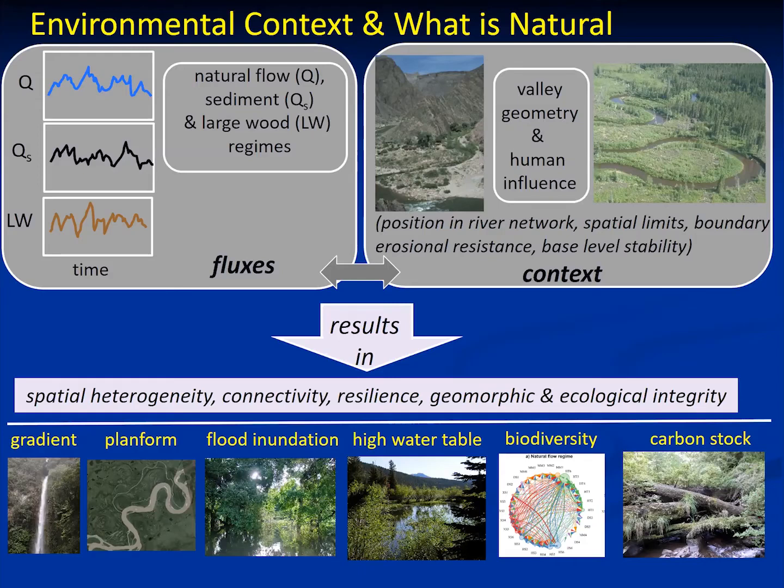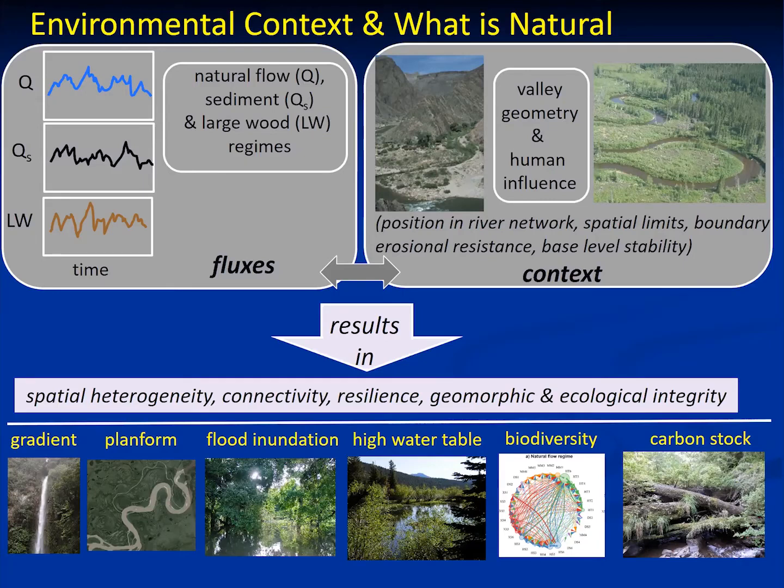Ecological integrity is a more well-known concept, but Will Graf referred to physical integrity more than 20 years ago, and I'm just calling it geomorphic integrity here. It's the ability of the channel and floodplain or the river corridor to adjust to changes in water and sediment discharge. The greater the ability to adjust in the absence of human constraints, the greater the geomorphic integrity.